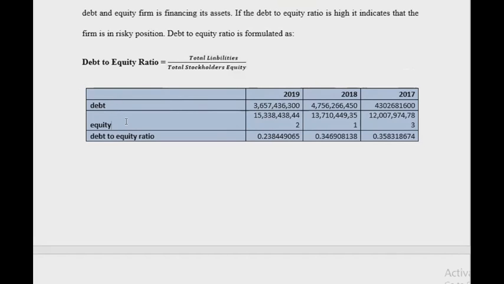So in our total capital structure, the portion of debt is 0.23. And in 2018, it is 0.34. It means as compared to 2018, we have taken less debt in 2019. But in 2017, we had taken 0.35, which is almost equal to 2018.